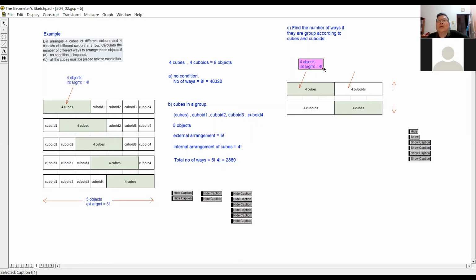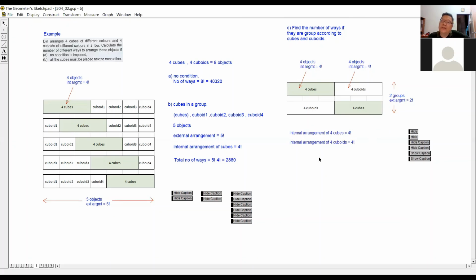So objects inside the cube group, 4 factorial, internal arrangement. Inside the cuboid group, also 4 factorial. That is the internal arrangement. Then the groups can be arranged as cube, cuboid, or cuboid, cube. So altogether, there are 2 groups, so 2 factorial, right?